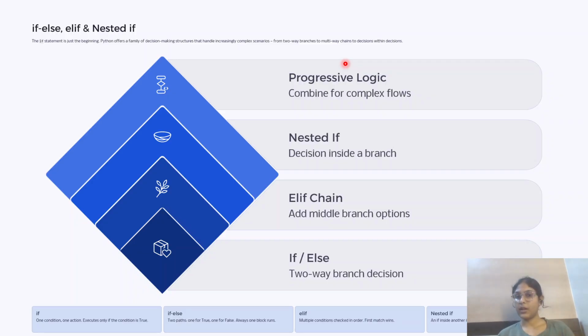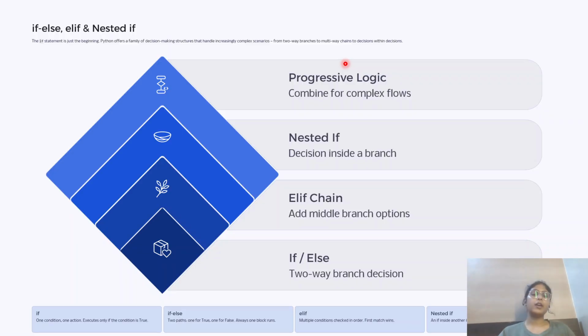We explored comparison operators to compare and get true or false. We combined conditions using logical operators. We briefly understood identity operators and membership operators. Finally, we learned how Python makes decisions with if else, elif, and nested if, and applied everything in seven practical programs.